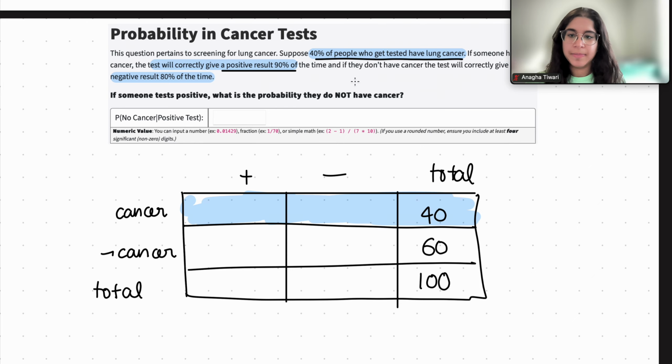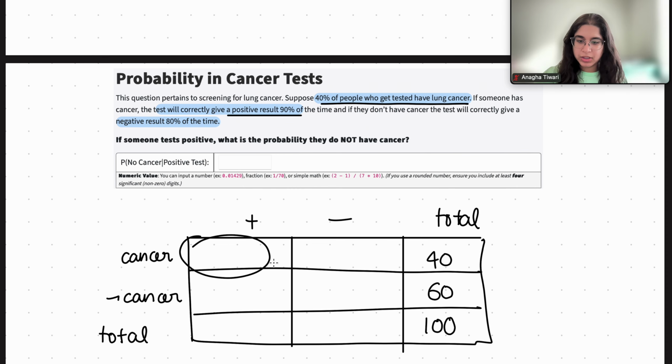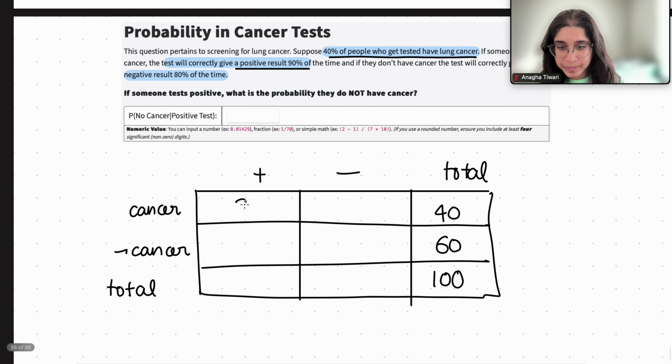Out of these 40 people who have cancer, the test will correctly give a positive result 90% of the time. So what is 90% of 40? Well, that's just going to be 36. So out of these 40 people who have cancer, the test will correctly give a positive result to 90% of them, or to 36 of them. And this is 4 here then, right?